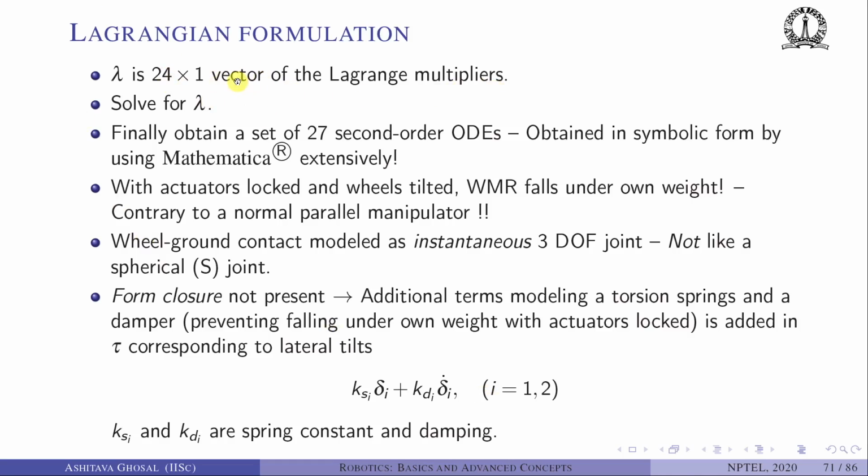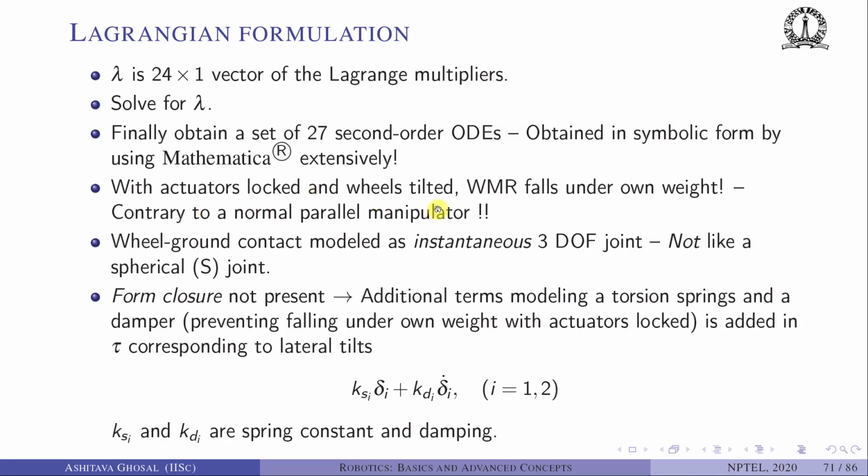We can solve for lambda. Finally, we obtain a set of 27 second order ODEs, and these were obtained in symbolic form by using Mathematica. It took a lot of time. It is a huge and humongous set of simplifications and equations which were used to obtain these 27 second order ODEs.